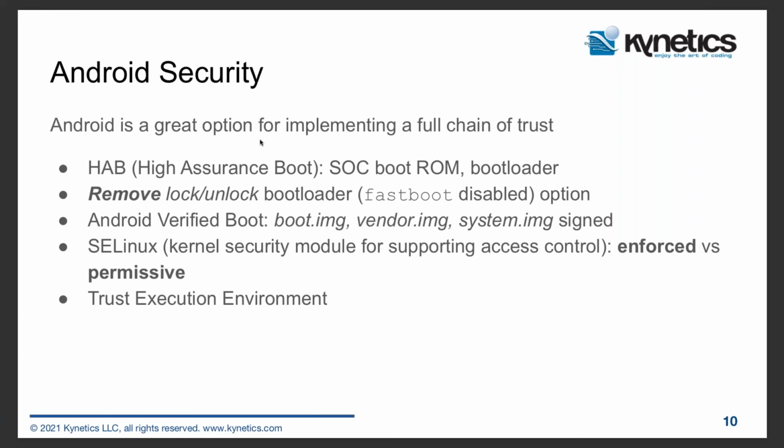First of all, you can implement a full chain of trust. Starting from the bootloader, you can enable Android Verified Boot through a subsequent series of signing requirements. So in your booting sequence, every step basically provides the right way of accessing the next one.